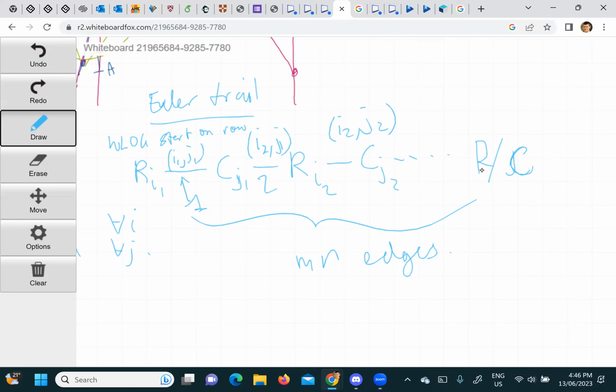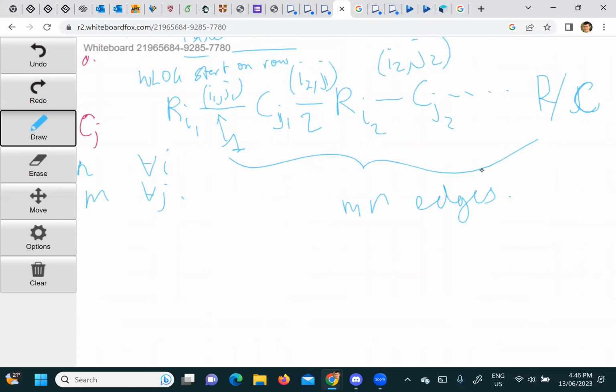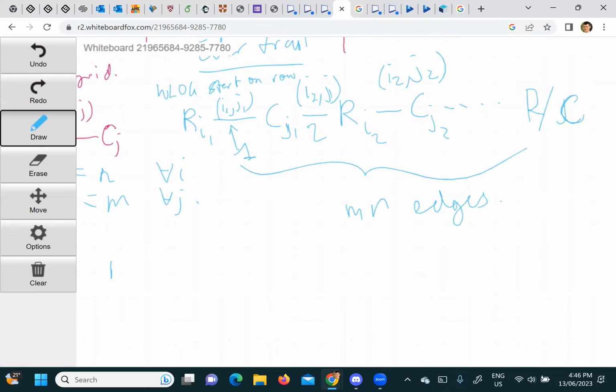Now suppose you got a numbering. You number the cells, for example I1, J1 is where 1 goes. Then 2 goes on the same row as 1, or it could go in the same column as well.